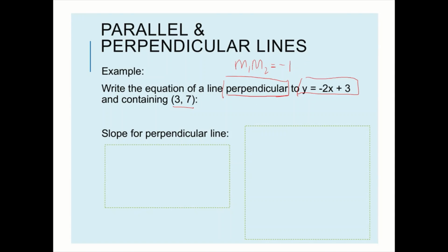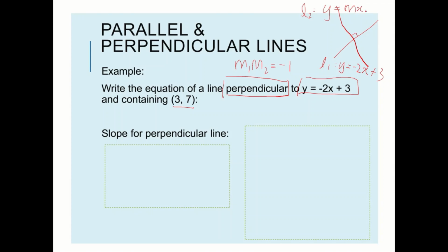So you can also imagine that we have the first line, y equals -2x plus 3. Now we want to find another line, this second line. Assume it's a straight line, although it doesn't look like a straight line. For line 2, we want to find the equation.